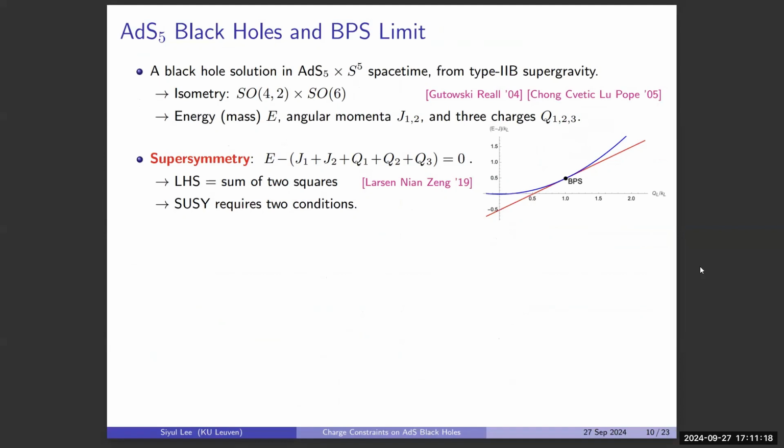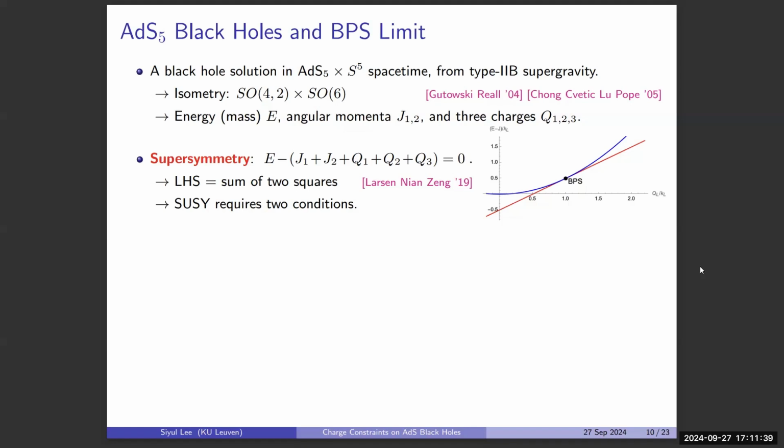These all satisfy a similar BPS bound, which is schematically drawn on this 2D charge plane as the same red straight line. And it turns out that this left-hand side is a sum of 2 squares. So this equation actually gives you two constraints.